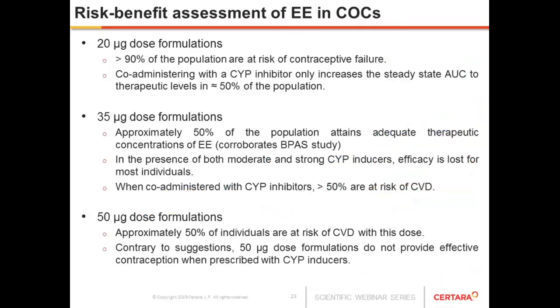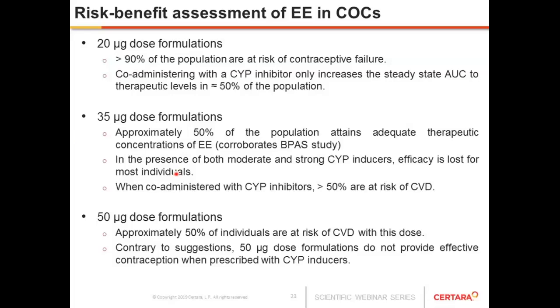When you give a 20 microgram dose formulation, more than 90% of the population are at risk of contraceptive failure. If you co-administer this formulation with a CYP inhibitor, it only increases the steady-state AUC to therapeutic levels in approximately 50% of the population. If you give a 35 microgram formulation, approximately 50% of the population attain adequate therapeutic concentration.